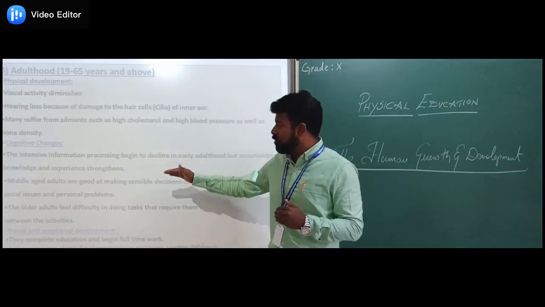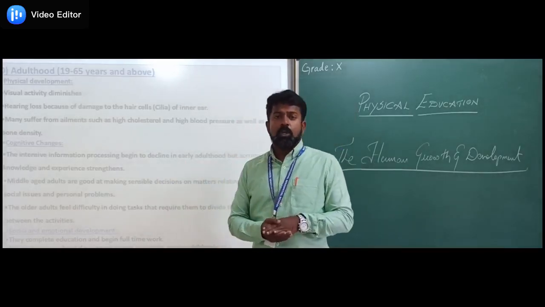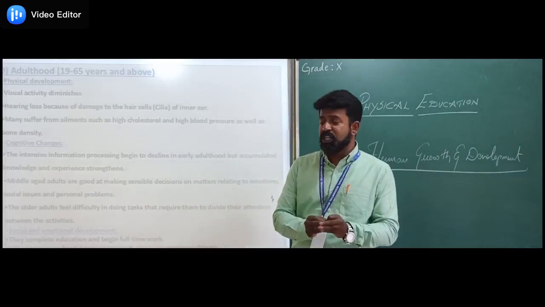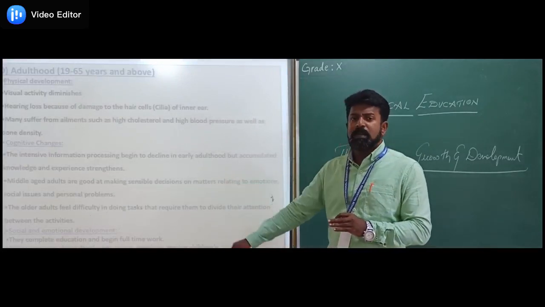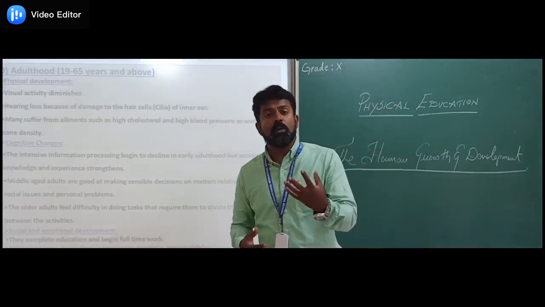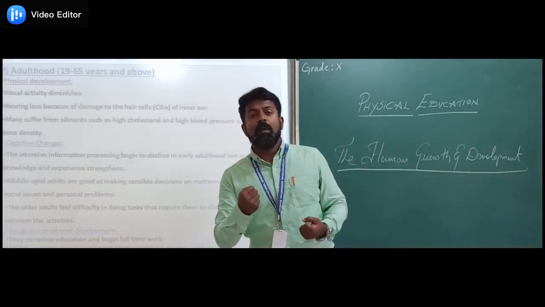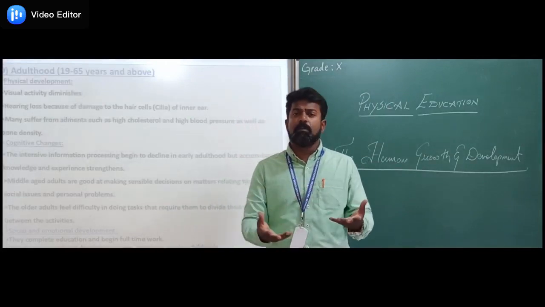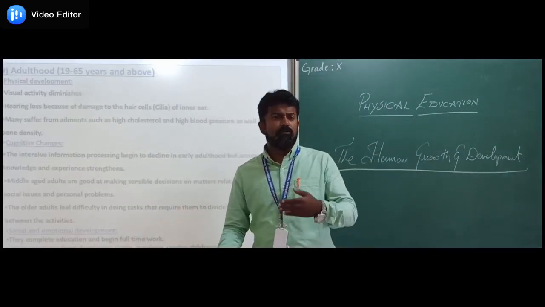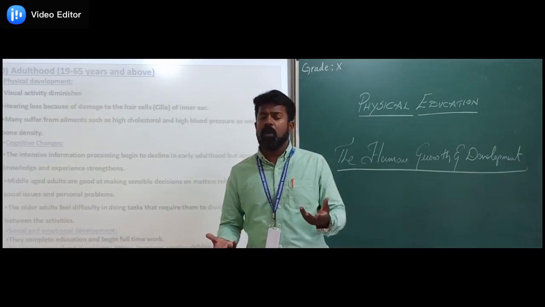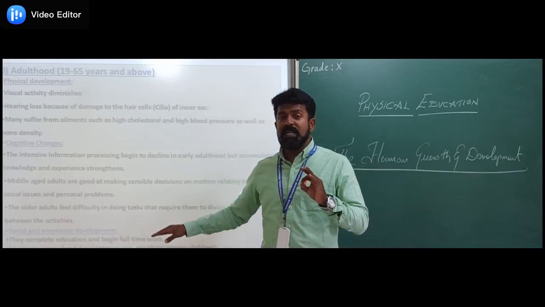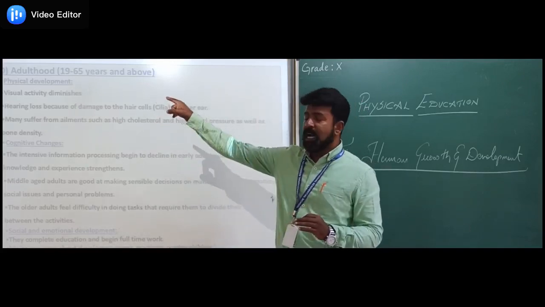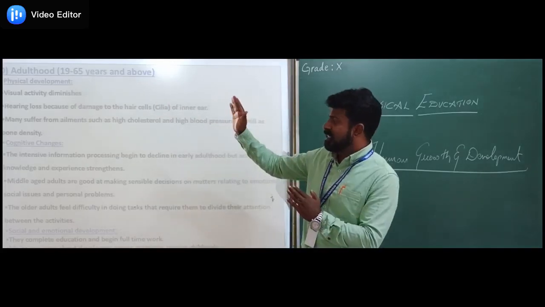But when you reach this age, you will make sensible decisions on emotional, social and personal problems. You can handle your emotional things, whether it is the loss of a person or not being successful in your career. At that time, you will make a sensible decision. In which age is it? It is in adulthood, between 19 to 65 years.